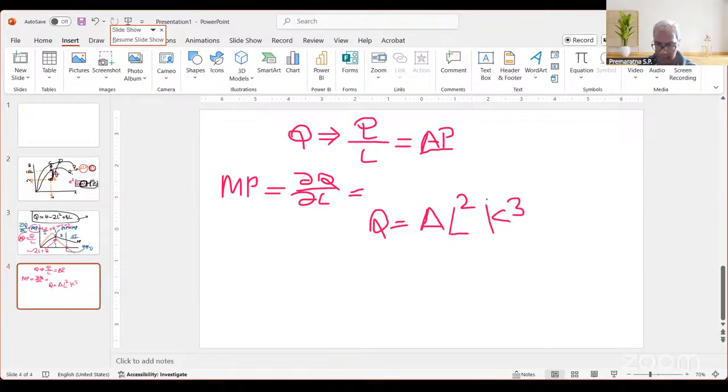In the short run situation, K is constant.